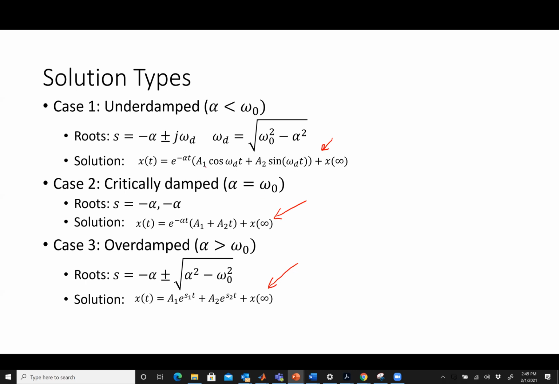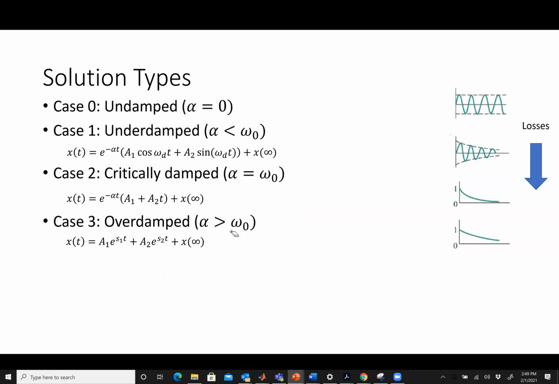So it calls them, in one case it calls them D, in one case it calls them A, in one case it calls them B. In other words, these unknown coefficients here, it uses a different letter for each one. I find that to be just a little bit confusing. So I just left them all as the same, okay, in this case. All right, and we're gonna use that again here today. All right, so we talked about what these look like.